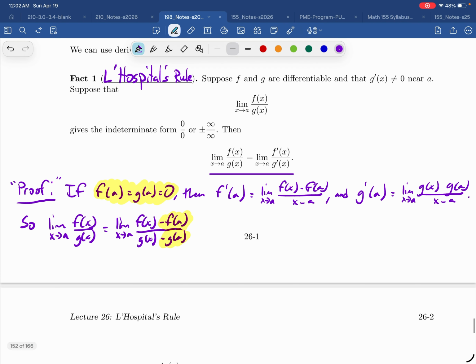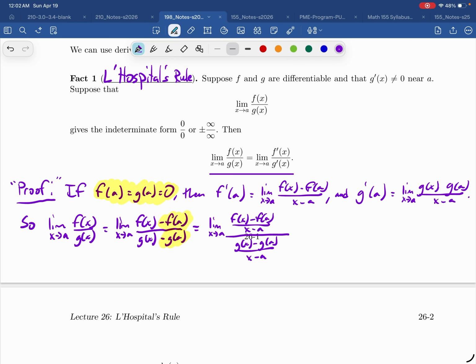Okay. And another thing we could do is say, well, this is going to get a little nasty because it's going to be a repeated fraction. But I'm just including the over x minus a part.